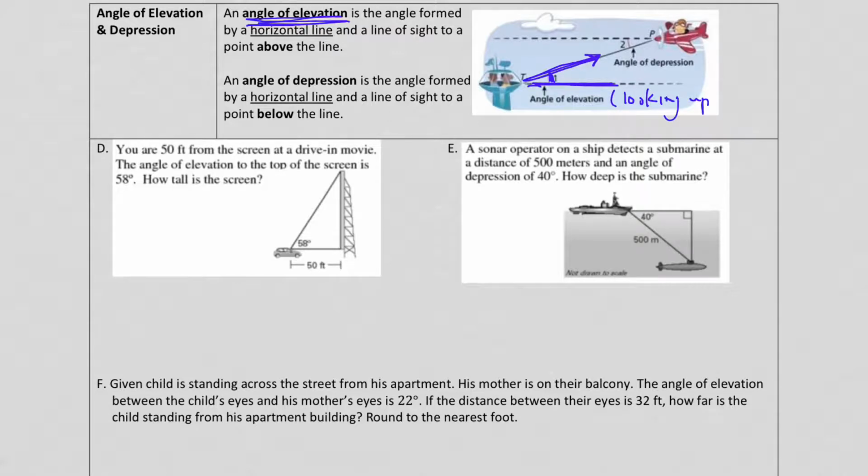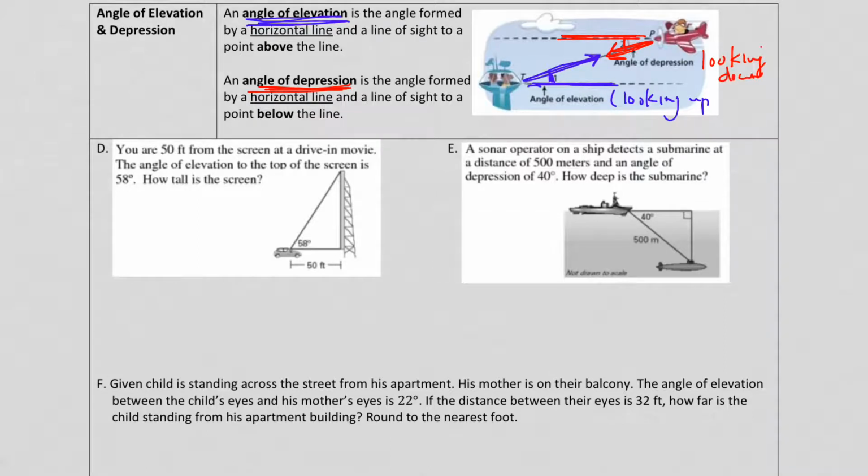An angle of depression is an angle formed by a horizontal line and a line of sight to a point below you. So here, an angle of depression is a horizontal line and you looking down at something below you. This is when you're looking down at something.